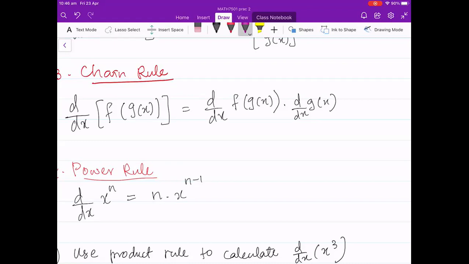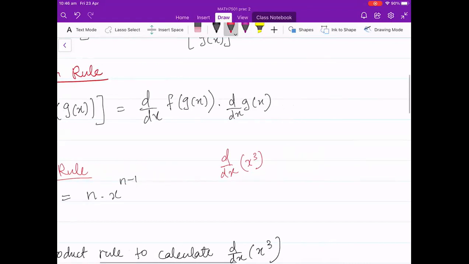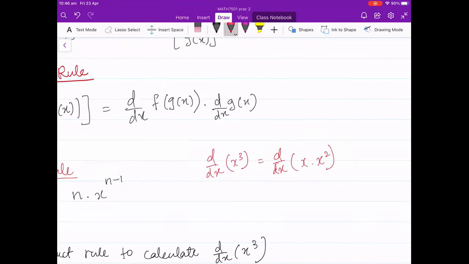Use the product rule first to compute d by dx of x cube is equal to d by dx of x times x squared. Now you can use the product rule for that. And then again, you use the product rule again for x squared. Does that make sense?